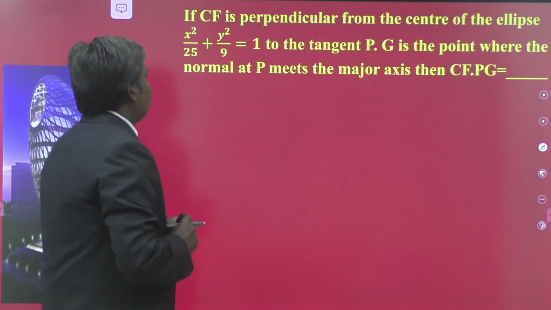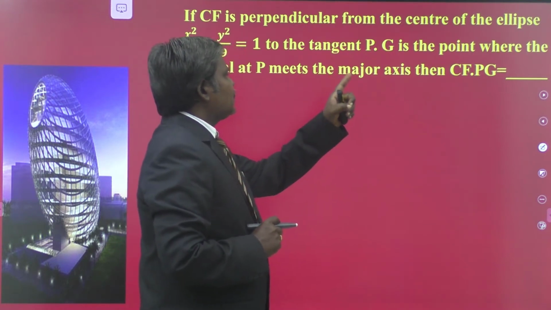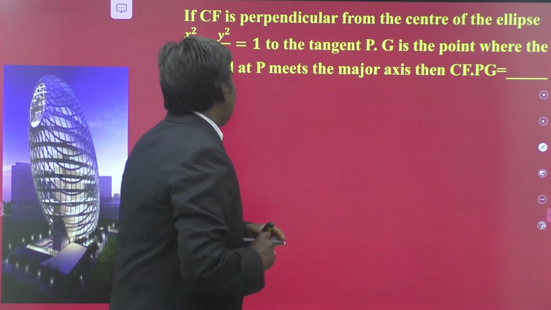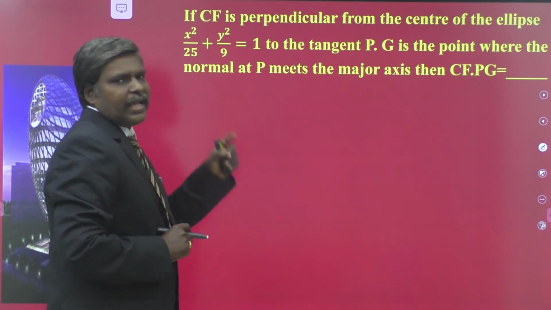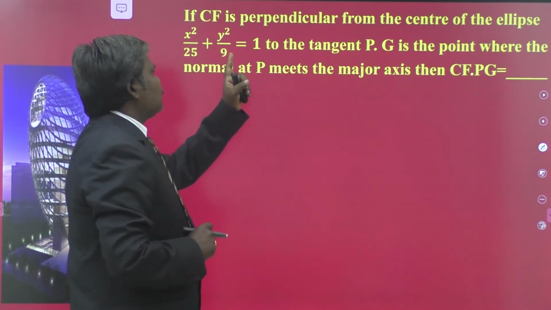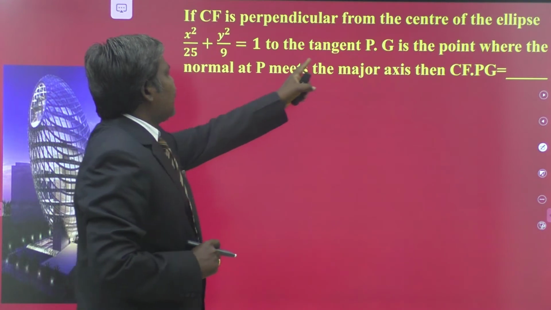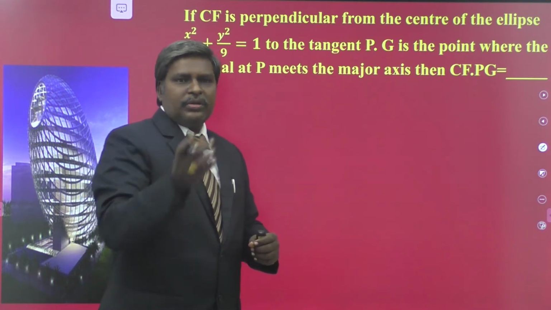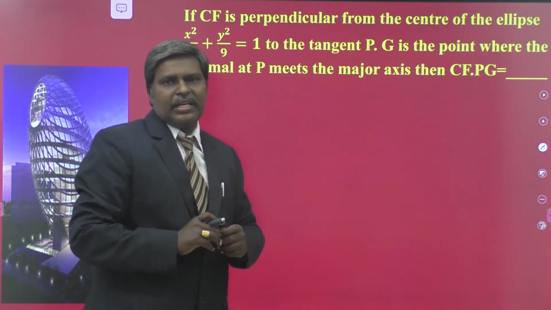This is the question. CF is the perpendicular from the center of the ellipse x square by 25 plus y square by 9 is equal to 1 to the tangent at P. What is that? CF is the perpendicular from the center of the ellipse to the tangent at P. So consider an ellipse x square by 25 plus y square by 9 equal to 1.